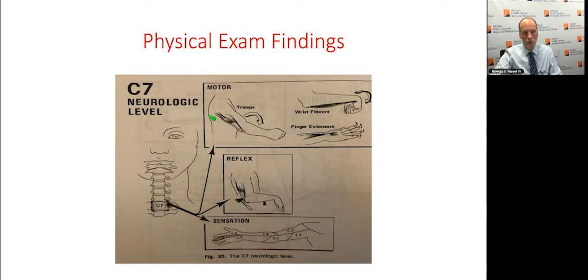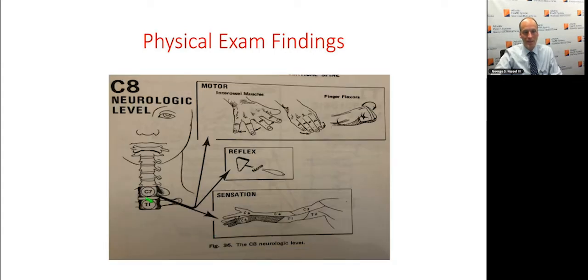C7 is the triceps, tricep strength and finger extensors, with the triceps reflex, and like I said before, the middle finger is the sensory distribution of the C7 nerve root.